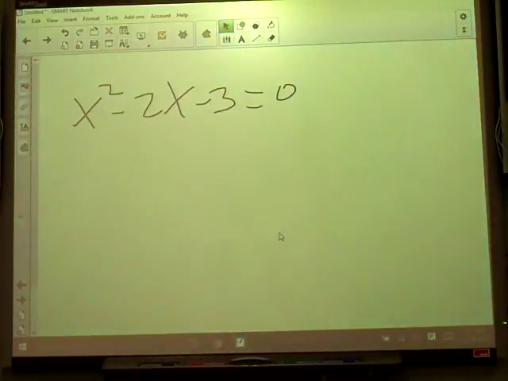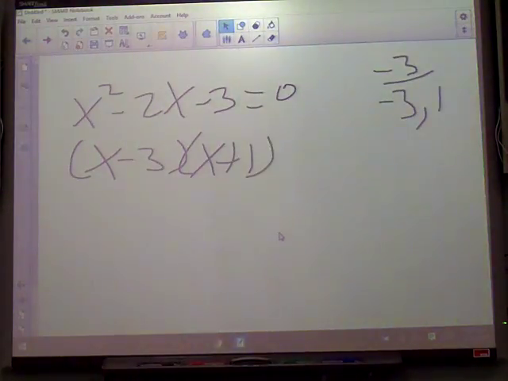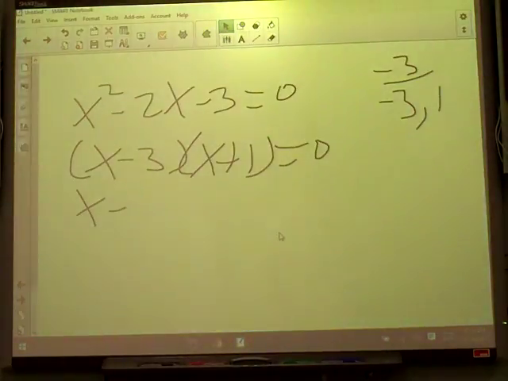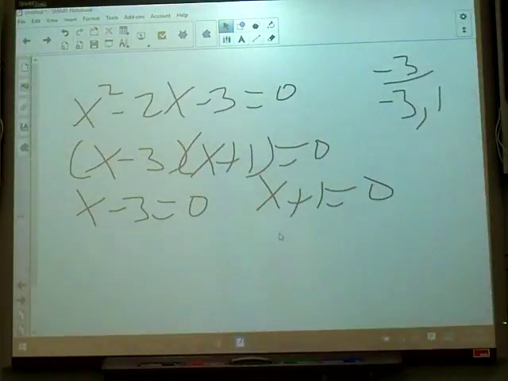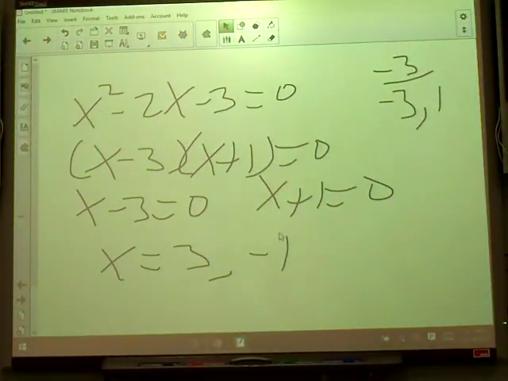A times C, the factors of negative 3 that add to negative 2 are negative 3 and 1. So I'd have x minus 3 times x plus 1 is equal to 0. Set both of those equal to 0 and solve. That gets you 3 and negative 1. I'll be on 106 next.